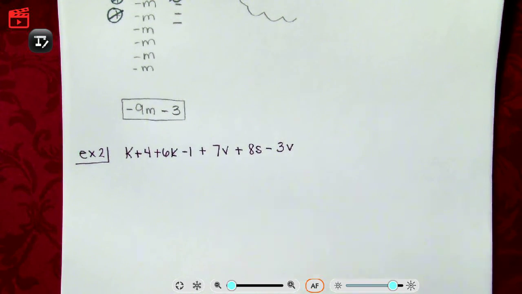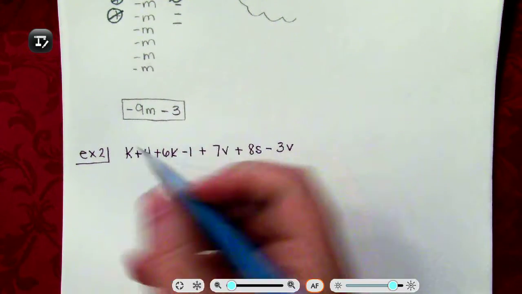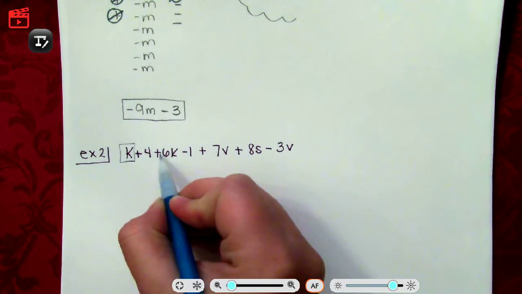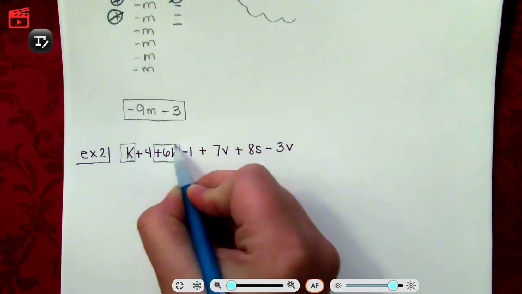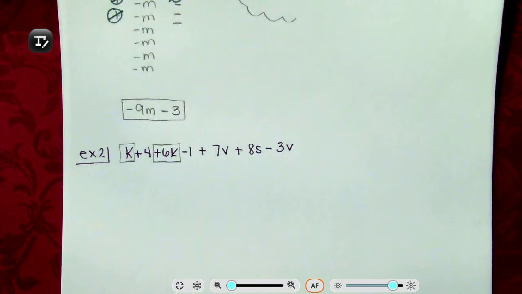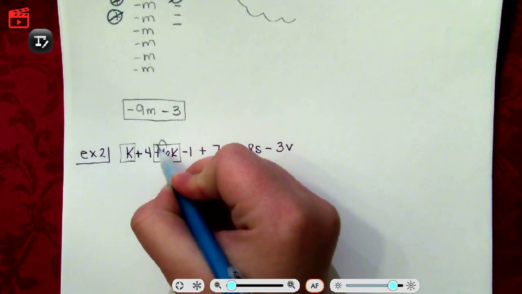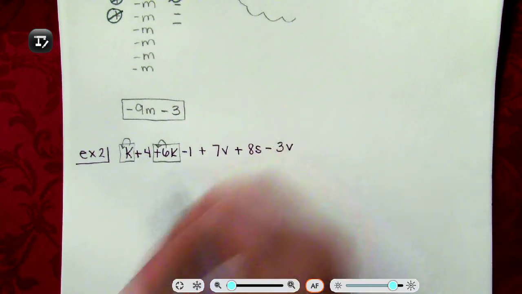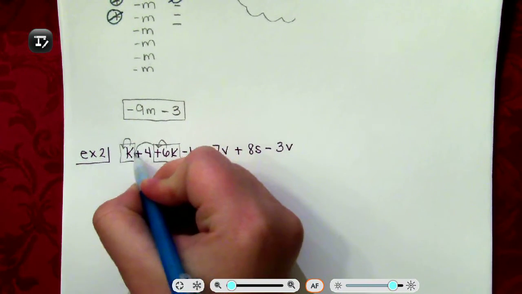First step is to put boxes or bubbles around the like terms. So I'm going to start with k. All of my other terms with a k get a box as well. Remember, you're always taking the sign that's in front of the number. I don't have any more k's. So now I'm going to do circles.